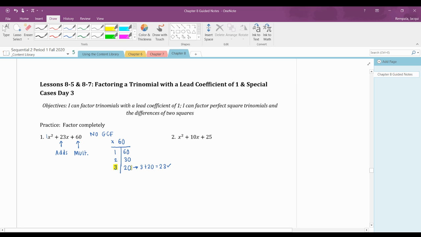It might take you a couple of tries to find the correct numbers, but you'll get there. Just build a table and you'll make it work.